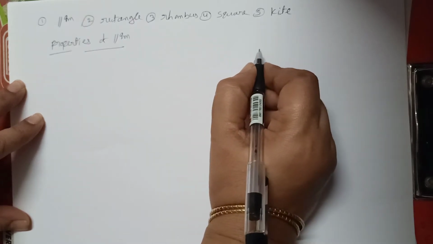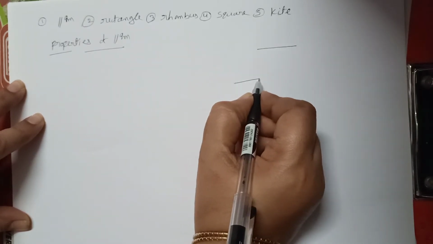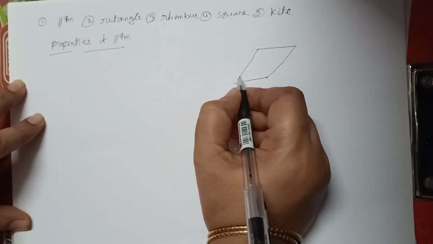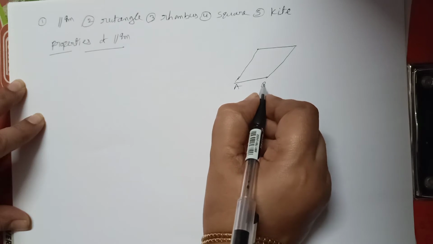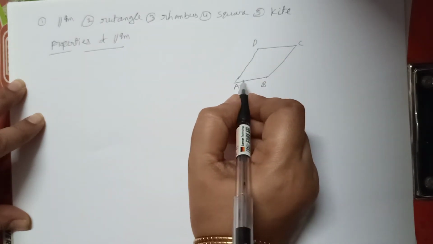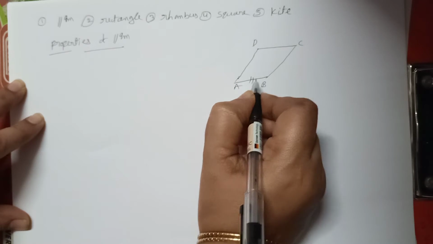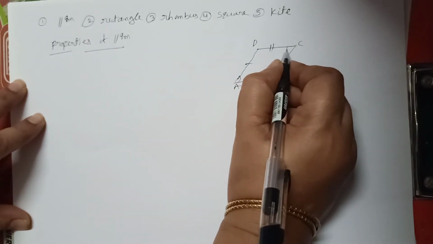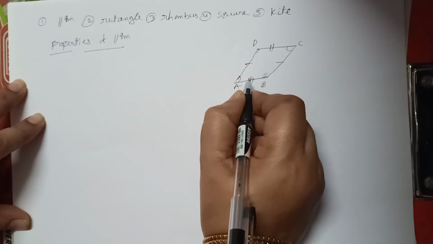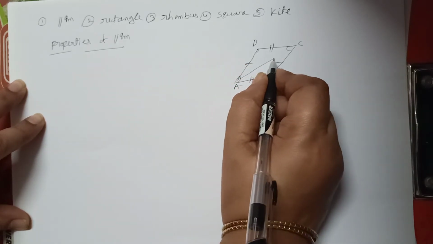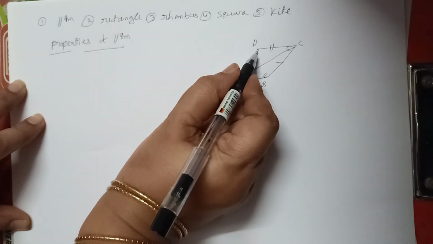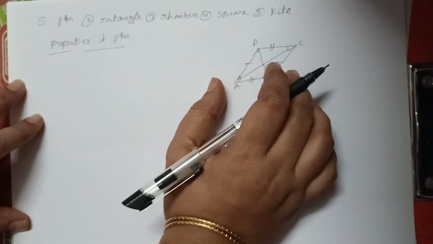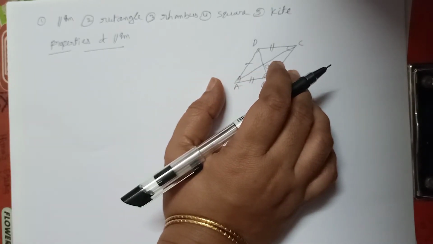Now, consider a parallelogram. Already we know the properties of parallelogram in 8th class. So what are the properties of parallelogram? In parallelogram, opposite sides are equal, opposite angles are equal, diagonal divides it into two congruent triangles, and diagonals bisect each other at point O. So today we will discuss theoretically the properties of parallelogram.